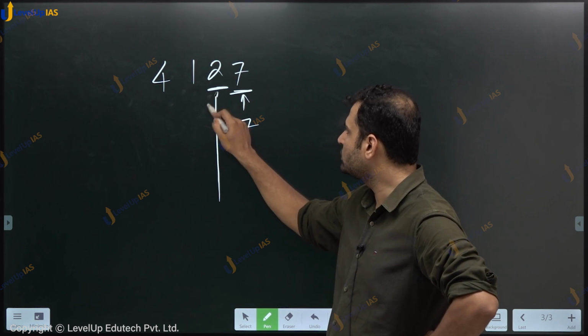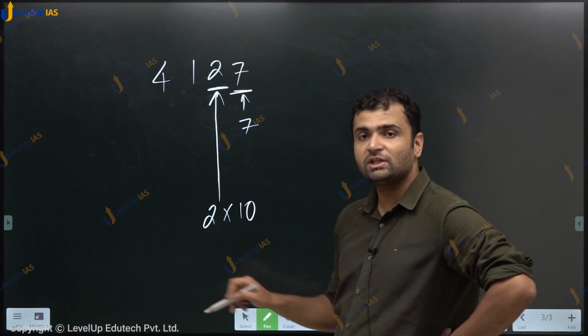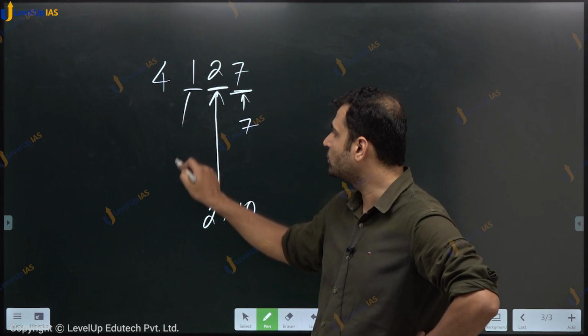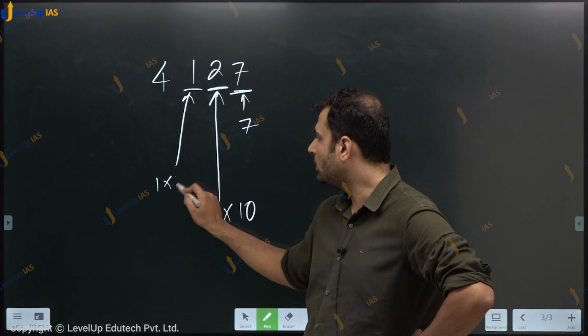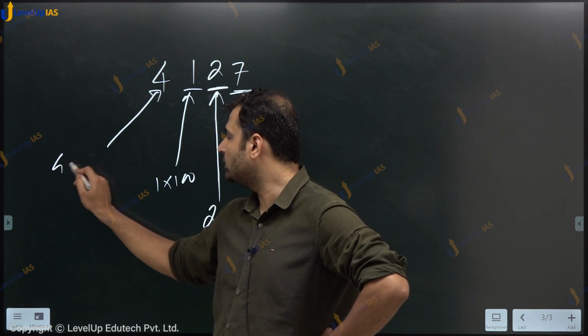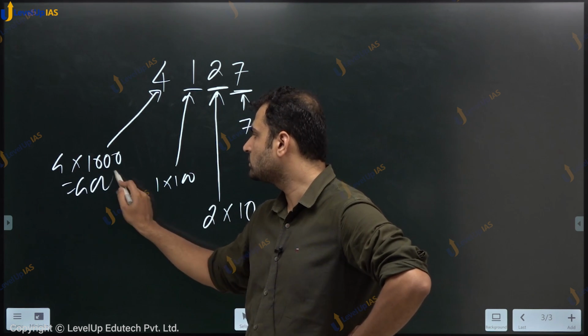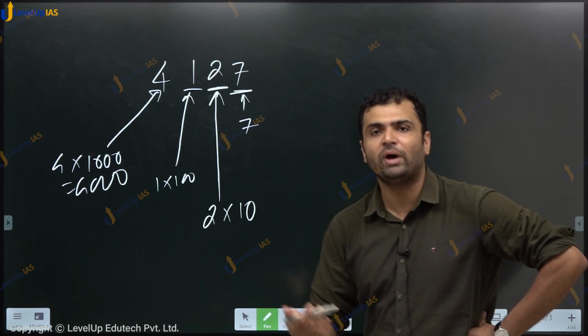The place value of this 2 at the tens place is 2 into 10, which is 20. The place value of this 1 is 1 into 100, which is 100. The place value of this 4 is 4 into 1000, which is 4000. This is what we mean by place value.